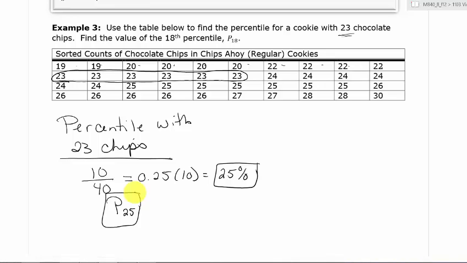Now we want to find the value of the 18th percentile. So that's P sub 18. What that means is we want 18% of the data to be to the left or smaller, and 82% to be larger.